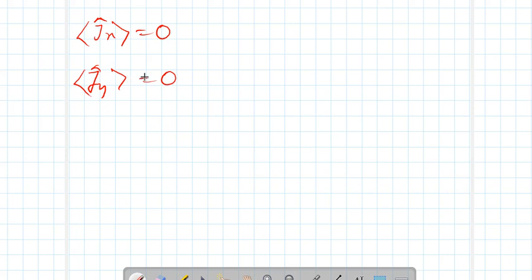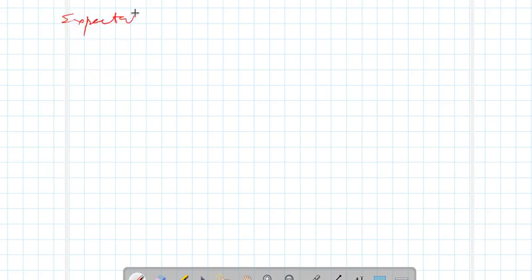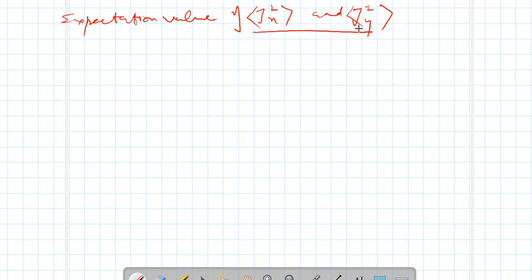Now we have to find out the expectation values of jx square and jy square, and we have to prove that they come out to be equal, and they have some definite value.